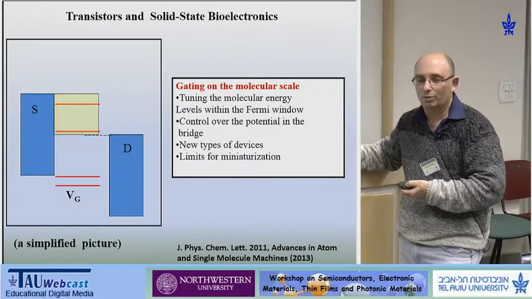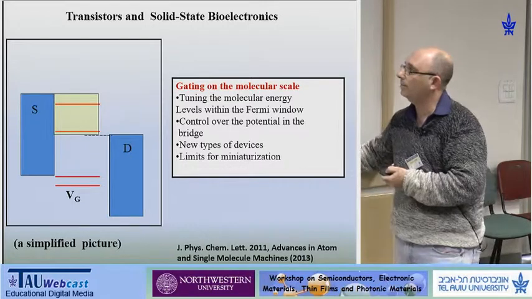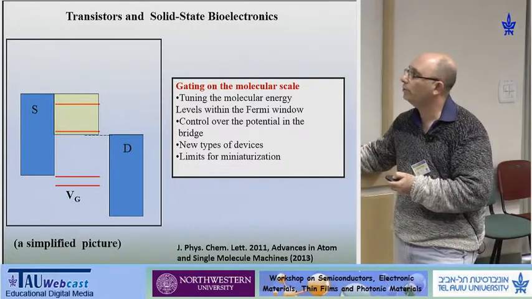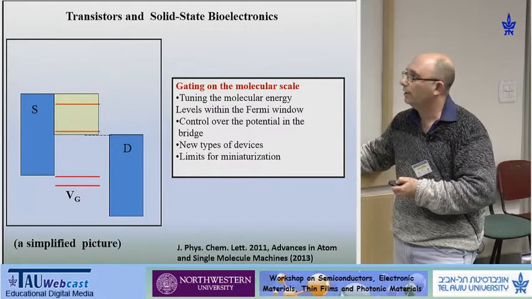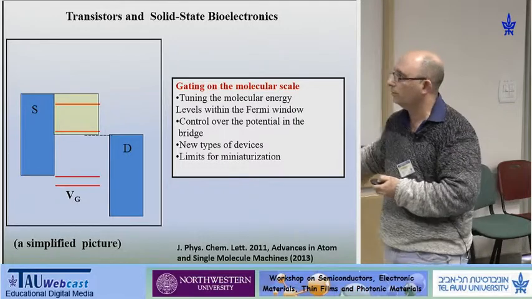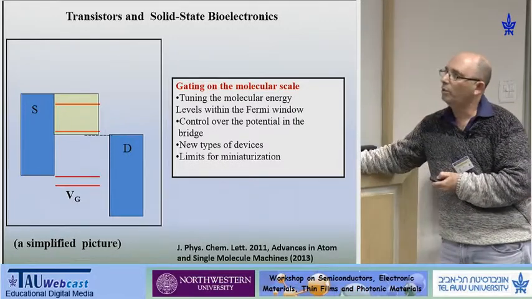So let's summarize why gating is important. We can tune the molecular energy levels. We control, of course, the potential in the bridge, and we can try to understand what the limits for miniaturization are. So how can we make it?